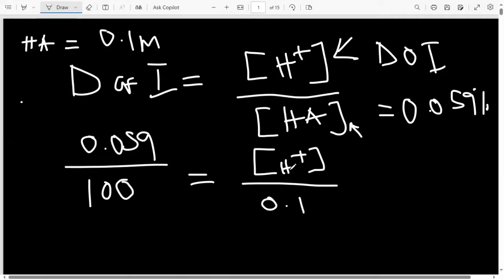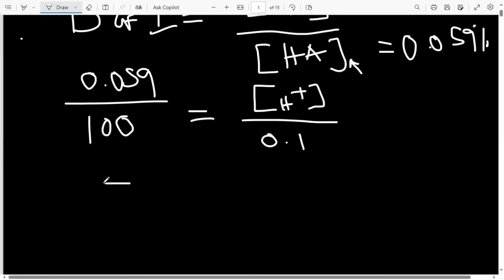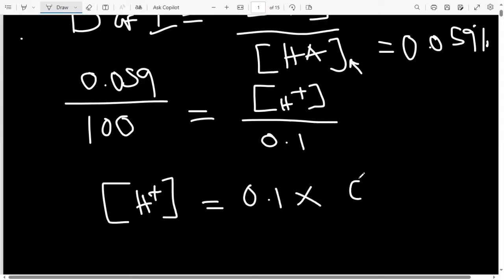So we want to find the concentration of this. So we are just going to say 0.1 multiplied by all this is equal to the concentration of this. So we are going to say H plus is equal to this guy 0.1 multiplied by 0.059.